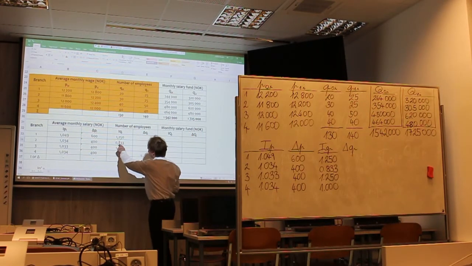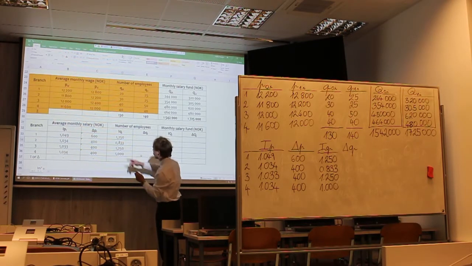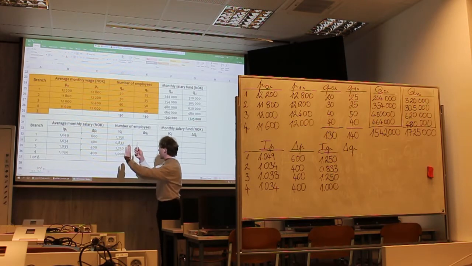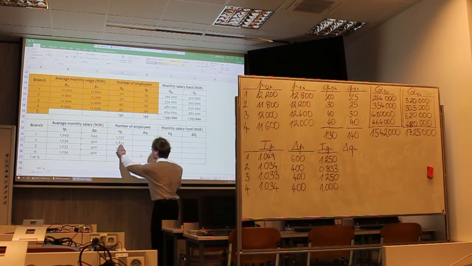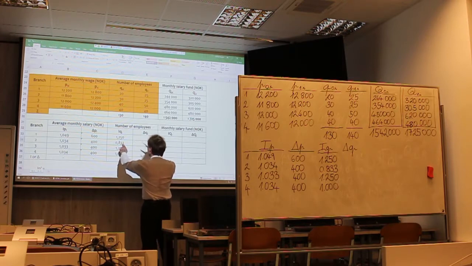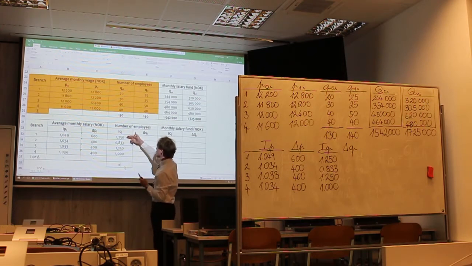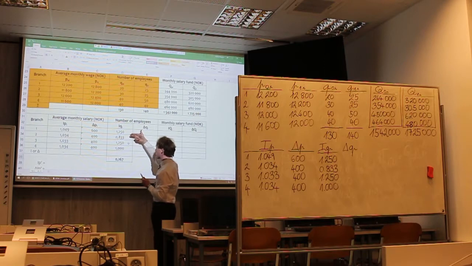In the case of second branch of Baguetterie Boulevard, you have a between year decrease. Between year 2010 and 2011, you decreased number of your employees by 16.7%.